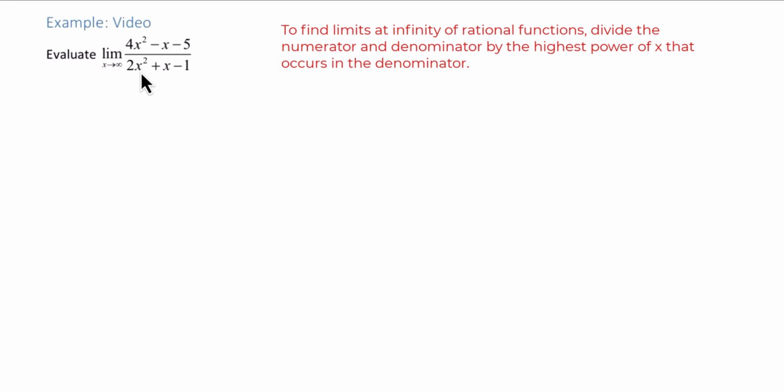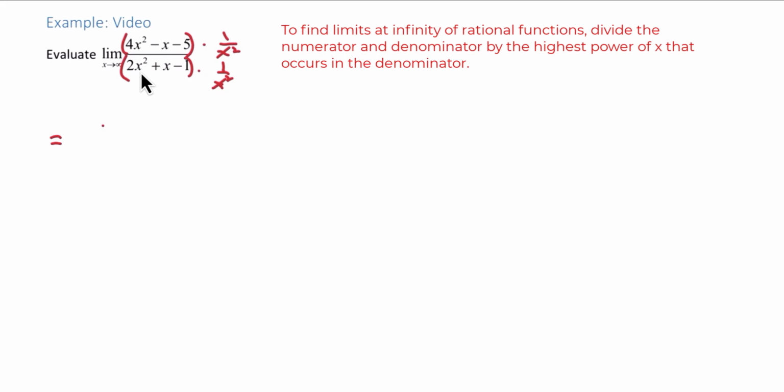I think it's a little easier to think of this as multiplying by the reciprocal. So instead of dividing by x squared, we'll multiply by 1 over x squared, which is the same thing as dividing by x squared.